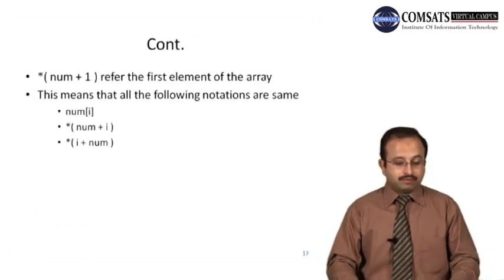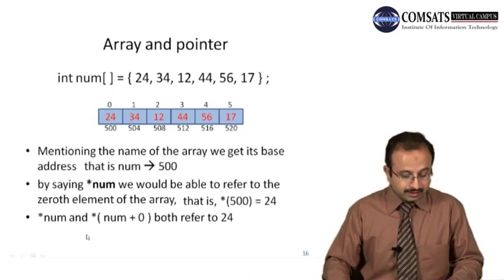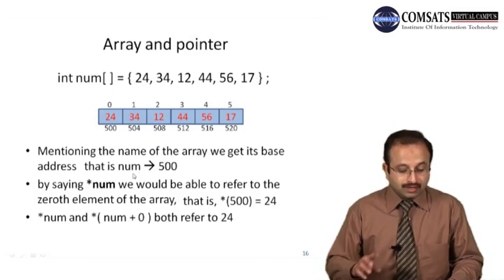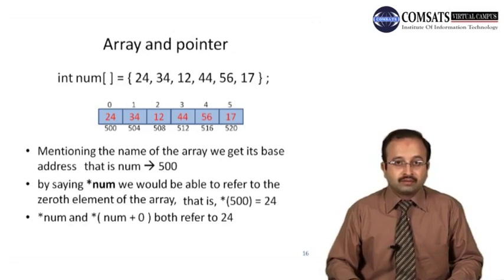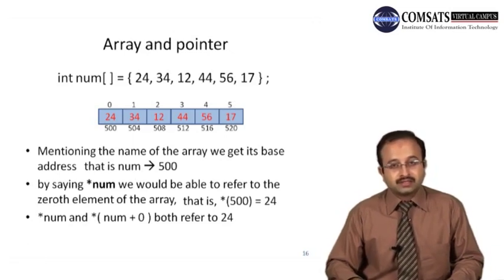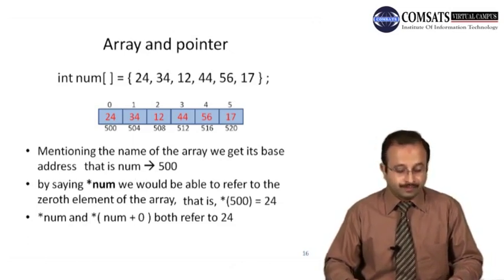Now *(num+1) refers to the first element of that array. So let me go back. *(num+1). So num is 500. So you cannot change the value of num. When you say num+1, you are not changing the value of num. It's not num++, that is num = num+1. It is num+1. So num+1 means that you are not going to change the value of num.